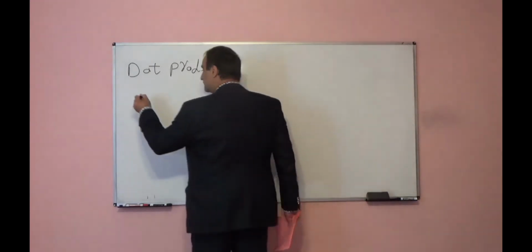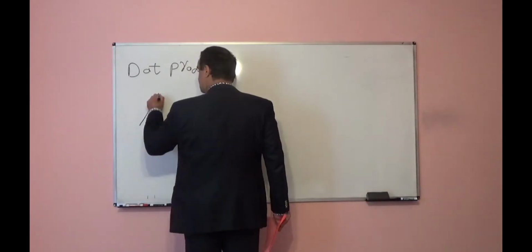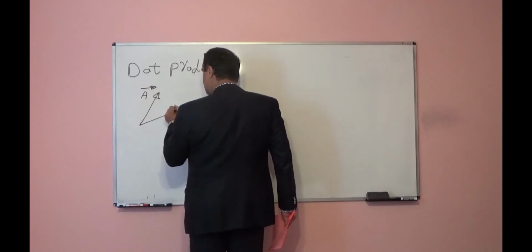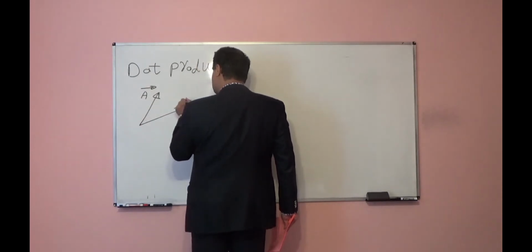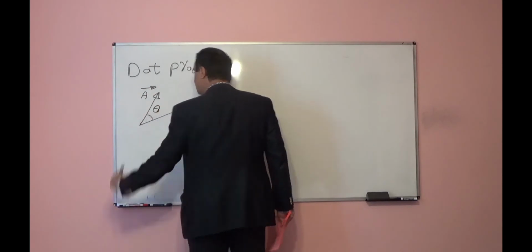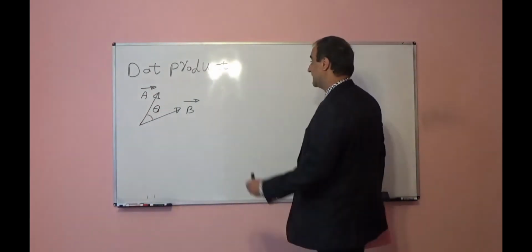If we have two vectors like vector A and vector B, and the angle between these two vectors, assume it is theta.